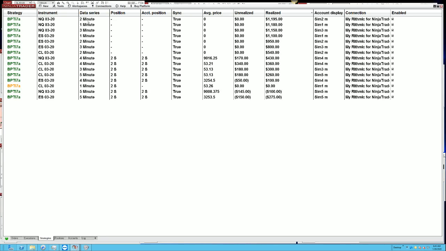There is nothing but minutes here. On the NASDAQ, all of them are based on 2 contracts. As you see here, position, they are based on 2 contracts. On the 2 minutes on the NASDAQ, it is on a sim account because we are testing them. Because we have so many roads we can take. So we are testing to see where the best things are.